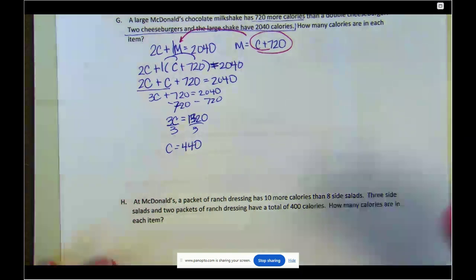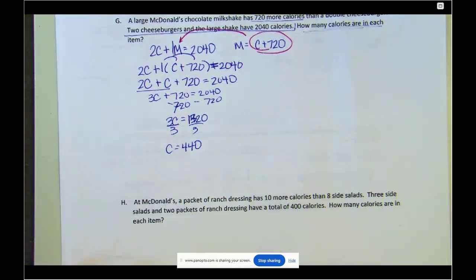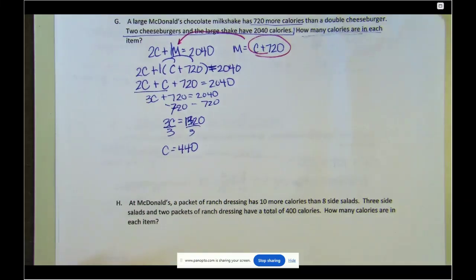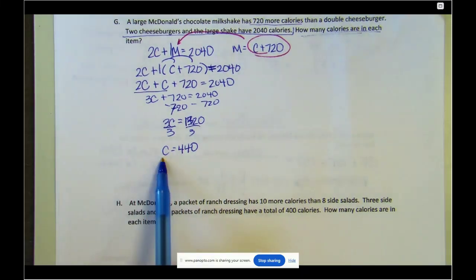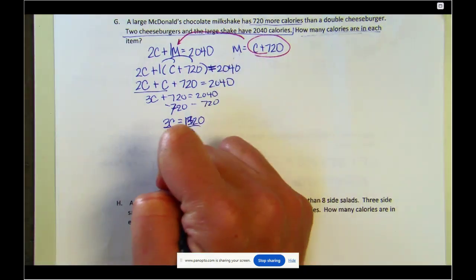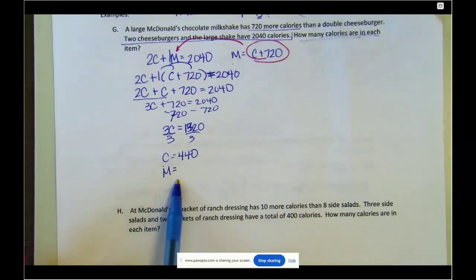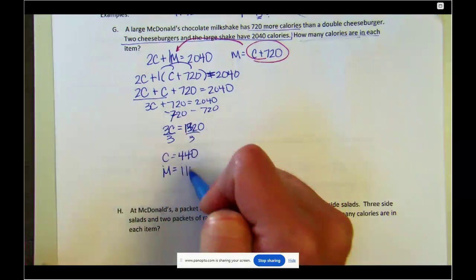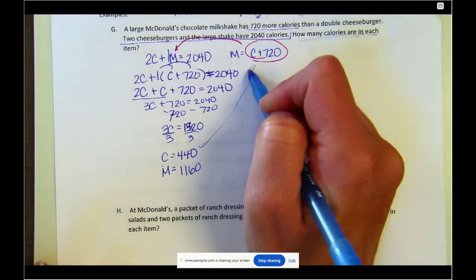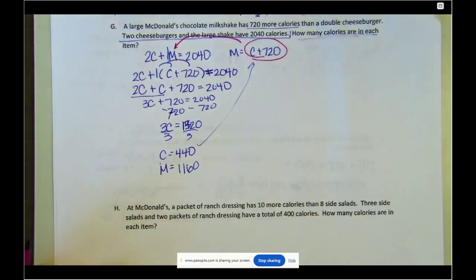Now, we're still looking for how many calories are in each. So if C is 440, what is M? 1,160. Yeah, so really, go right here, add the 720. You know that it's more.